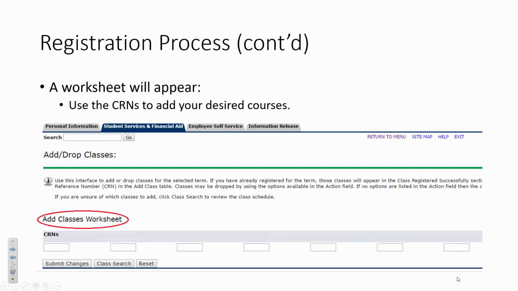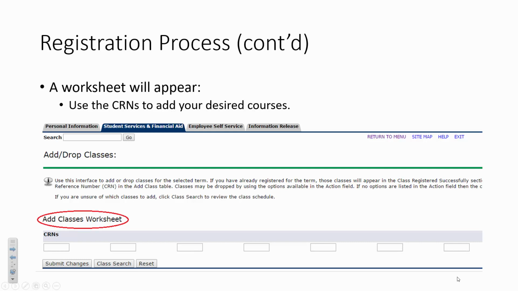You're not going into this spot and saying English 101. You're going into that spot and saying 5423. And 5423 is the CRN for that particular section of English 101 that you want, which is why I'm saying that the CRN number is probably the most important number that you need to remember for the course registration process. That's a great question. Any other questions?